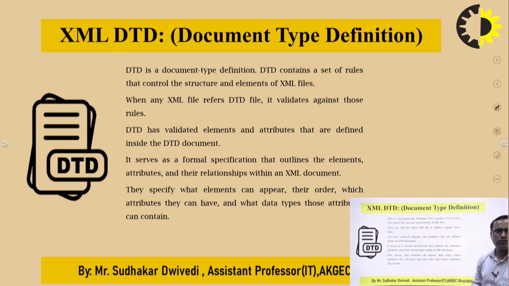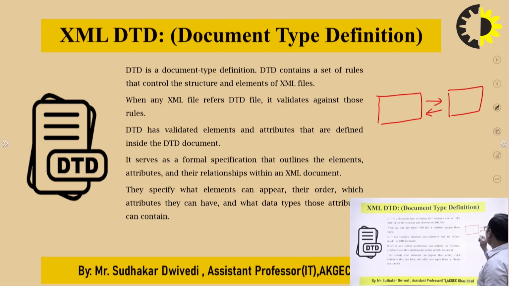What is the purpose of this DTD? Suppose there are two applications and they want to share some information. How can we ensure that the information we are sharing has a correct representation of the data?